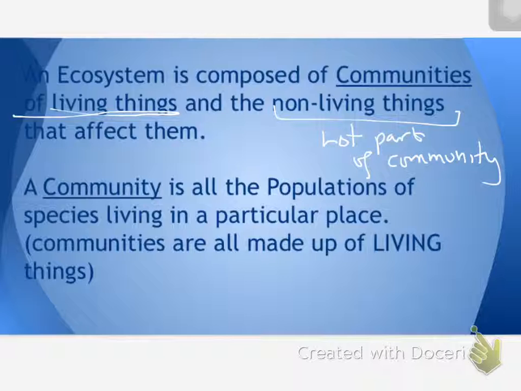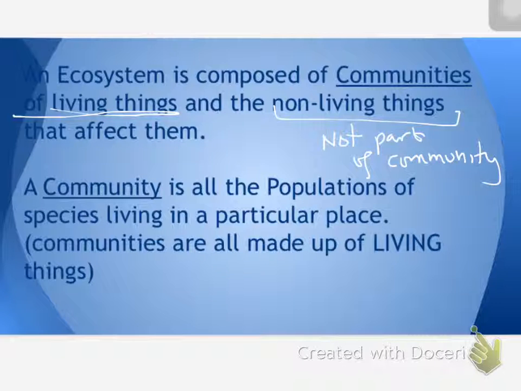They're separate from the community. The community is all the populations of species that live in one place. The community is all the populations, all the different species that live in one place.